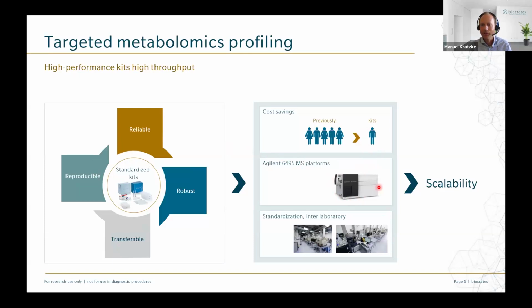And the advantage is you can run samples on multiple instruments, so let's say on 2 or 3 of these HLand instruments in parallel, so you can scale up the analysis and the results are still robust and comparable.